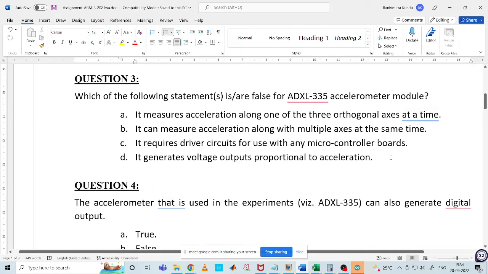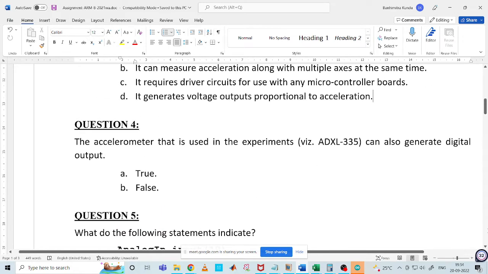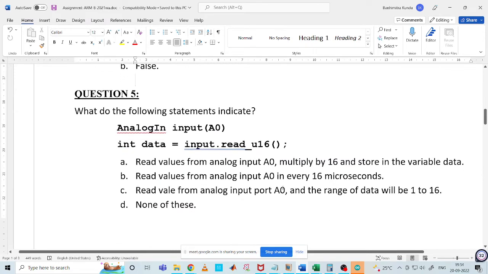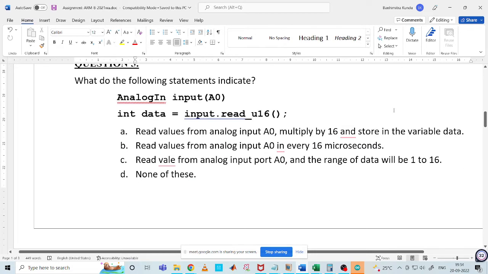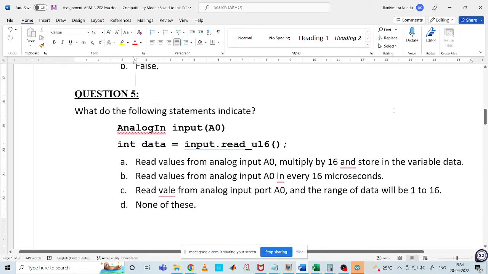A and C. Correct. Question 4. False. Question 5. C.